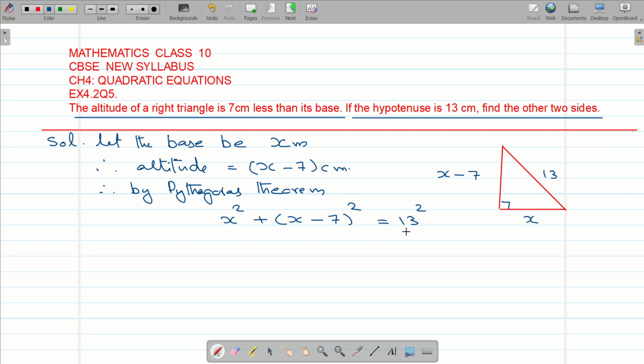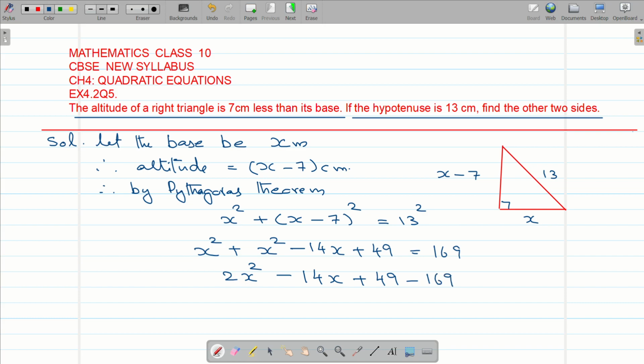Square of the hypotenuse is equal to sum of the squares of the other two sides. Simplifying the left hand side, we get x squared plus x squared minus 14x plus 49 is equal to 169, or 2x squared minus 14x plus 49 minus 169 is equal to 0. 2x squared minus 14x minus 120 is equal to 0.